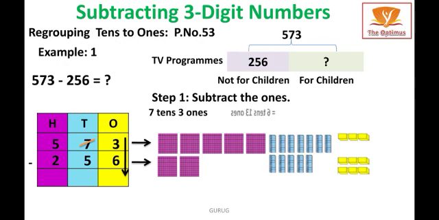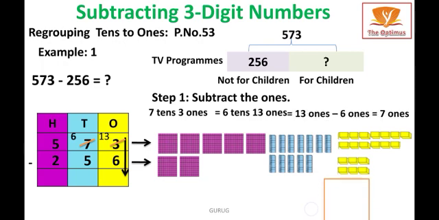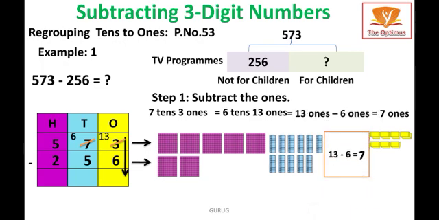That 1 ten I am going to write as 10 ones and combine with 3 ones. It becomes 13 ones. Now we can easily subtract: 13 ones minus 6 ones equals 7 ones. 7 I am going to write in the ones place.